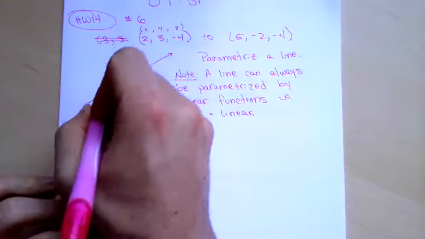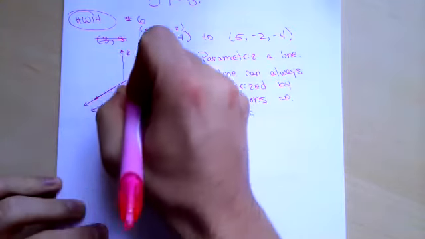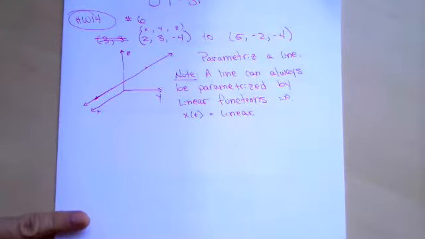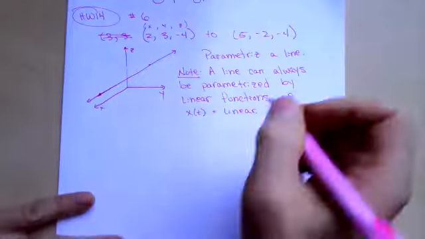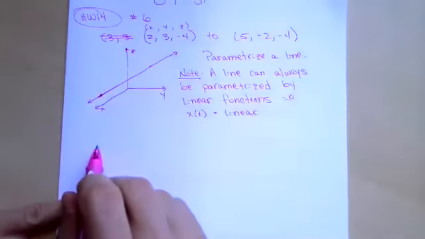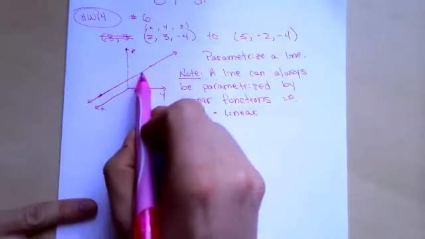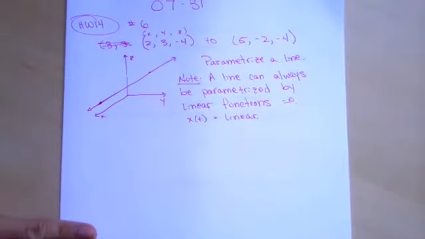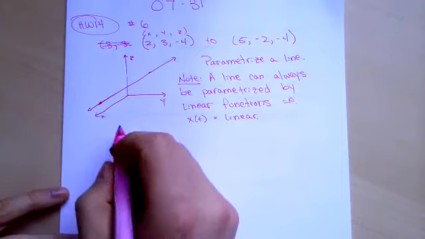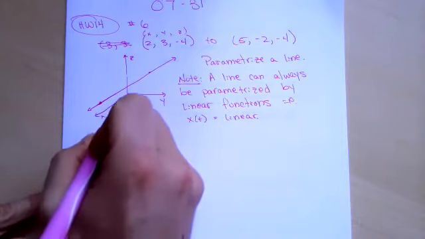But sometimes we are speeding up, and if we're speeding up along the line, there might be other parameterizations to model that. But since we're just asked to find any parameterization, we might as well find a constant speed linear parameterization of a line.